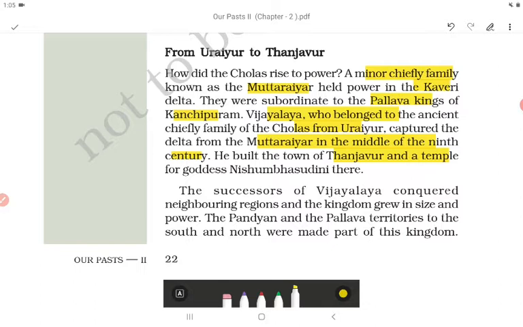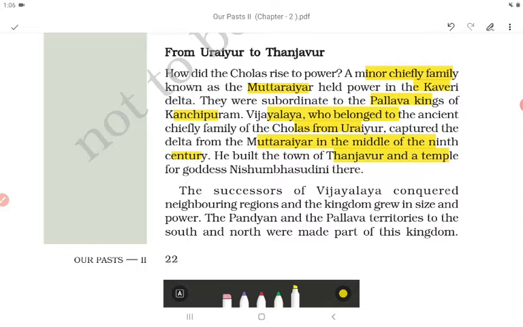Nishumbhashudini here. A minor chiefly family known as the Muttarayar held power in the Kaveri Delta. They were subordinate to the Pallava kings of Kanchipuram. Vijayalaya, who belonged to the ancient chiefly family of the Cholas from Urayur, captured the delta from the Muttarayar in the middle of the 9th century.